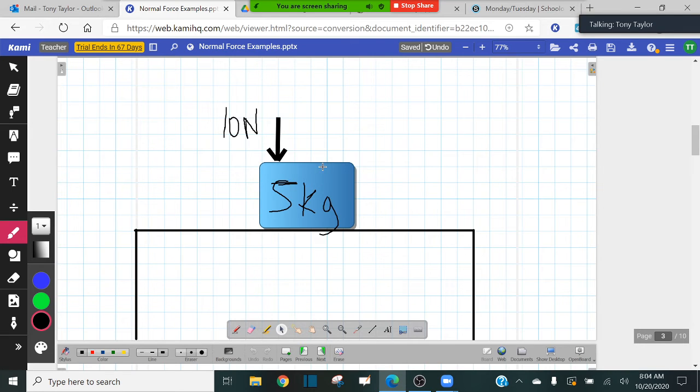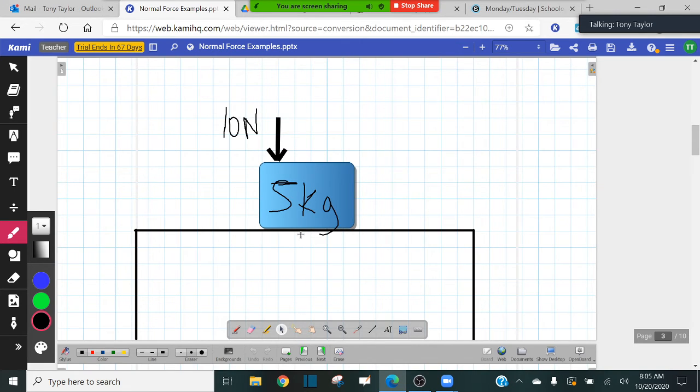Let me ask you guys a question. If this block is sitting here and someone is pushing down on it, what do you think would happen to the magnitude of the normal force between these two surfaces as a result of someone pushing down on this object?